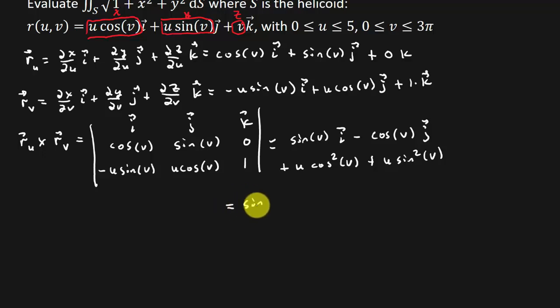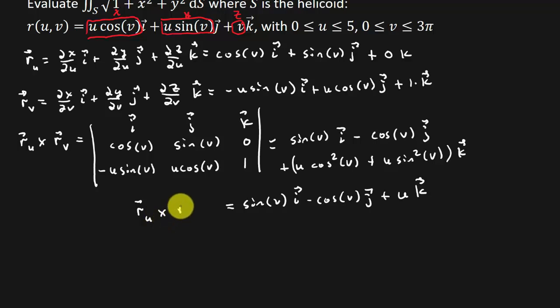And this is times k. If we simplify, this gives us sine v i minus cosine v j plus u k. Because if we factor out a u, we're left with cosine squared plus sine squared, which is just 1. And so this is the cross product of RU and RV.